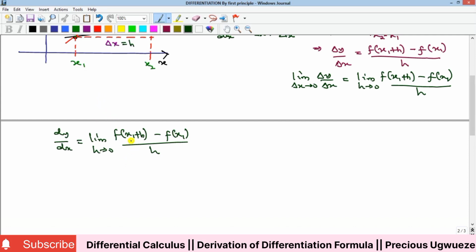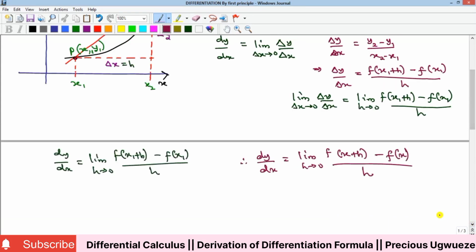We replace this x1 with an arbitrary x, and that gives us the final formula, which is dy/dx equal to the limit as h goes to 0 of f of x plus h minus f of x, all over h. Remember, I'm replacing x1 by just x, an arbitrary x, and that is the required formula for differentiation.